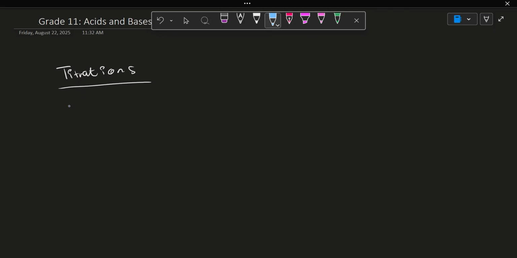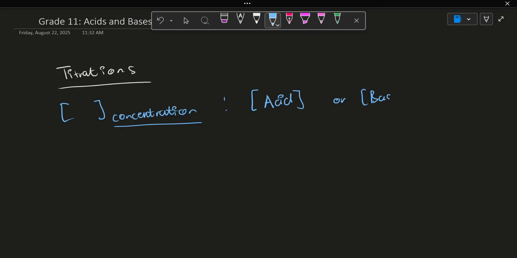Now, I want you guys to know, when I make use of these brackets, they just basically mean concentration. So don't get alarmed when I use them. These are not just any brackets. So a titration is a method used to determine the concentration of an acid or the concentration of a base.